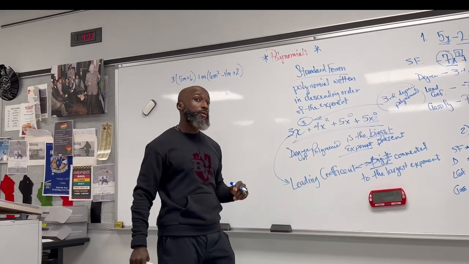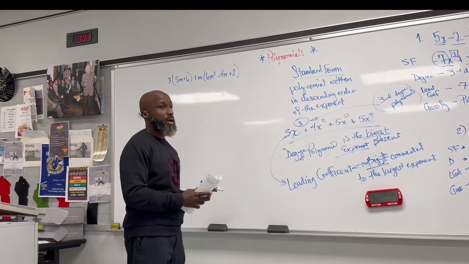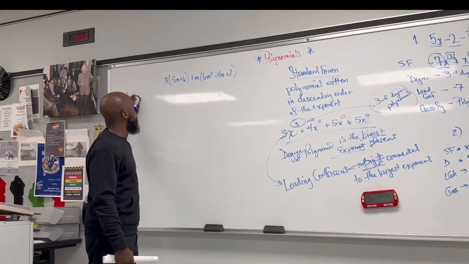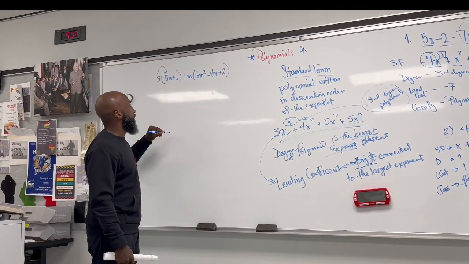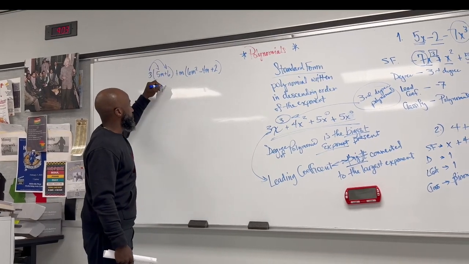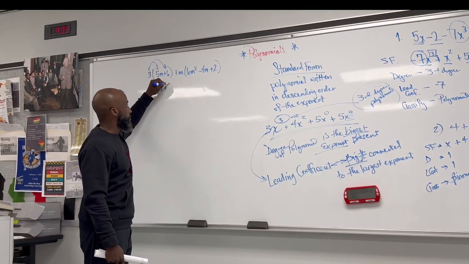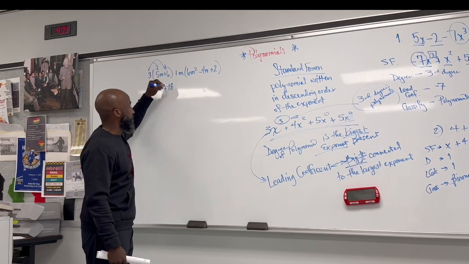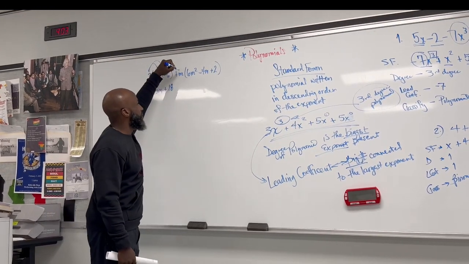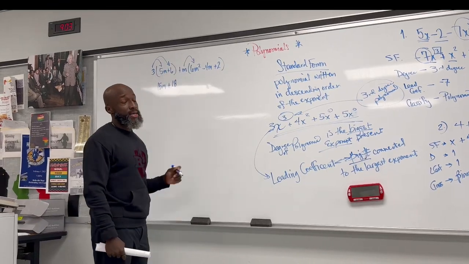This is all that we did last chapter, right? So the first thing we want to do is distribute. You multiply 5m by 3, that's 15m. 3 times 6 is 18. Then we have m times 6m squared.